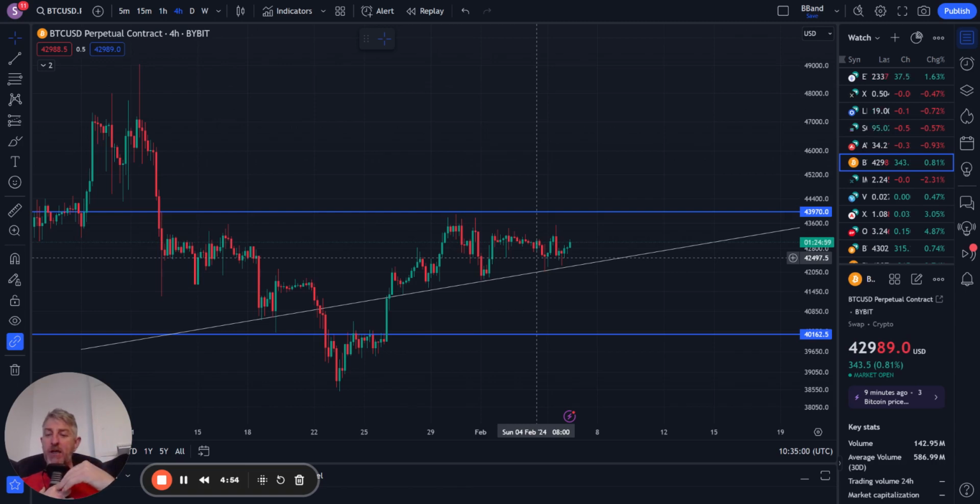Whereas clearly, I mean, I don't know, maybe they do in a parallel universe, but I think in our universe, it's humans that do the trading. So that's why I'm going to say this is a battle between buyers or longers and sellers or shorters. And I still get the feeling that the buyers are winning.